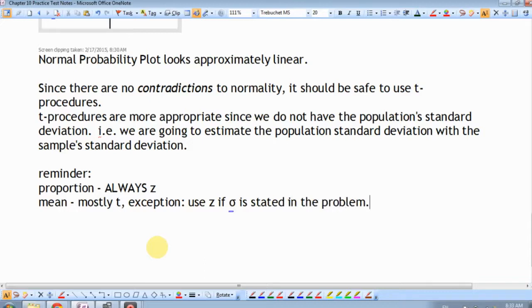And you have to be sure that you're given sigma. Hopefully that kind of cements things.